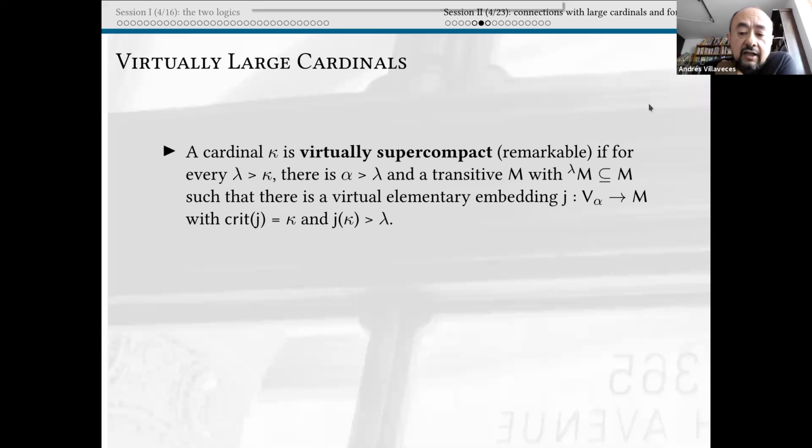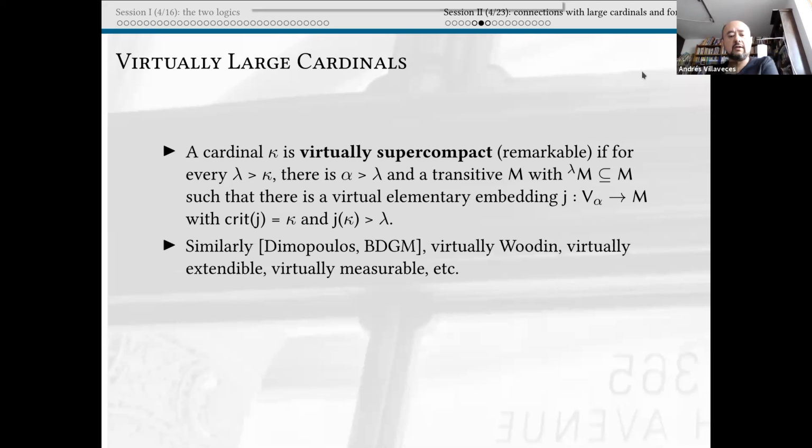So from the set V_alpha into M with critical point kappa and mapping kappa above lambda. The only new thing with respect to supercompact is that we now have the virtual here. So it is no longer an elementary embedding, but a virtual elementary embedding.